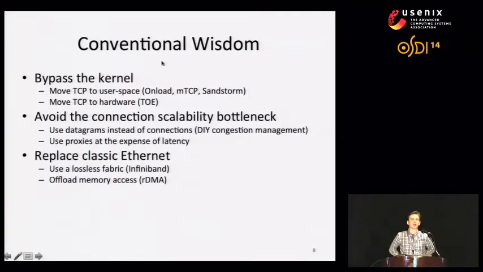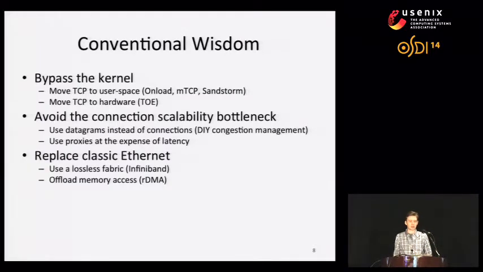Of course, there have been a lot of different approaches that try to close the performance gap that I showed earlier. They kind of fall into three categories. One thing that we can do is bypass the kernel. We could move everything to user space, or we could put the network stack in hardware. Another issue is that there are many approaches that try to avoid connection scalability bottlenecks because having a large number of active connections can be challenging with TCP.